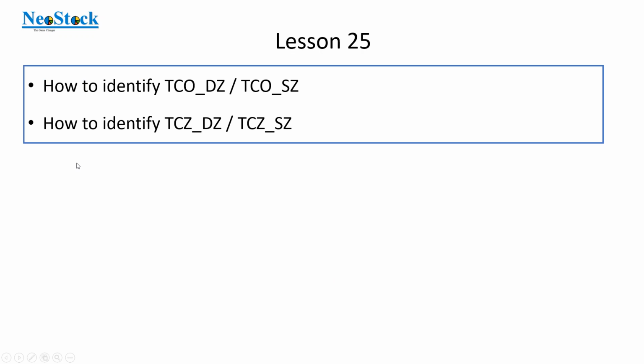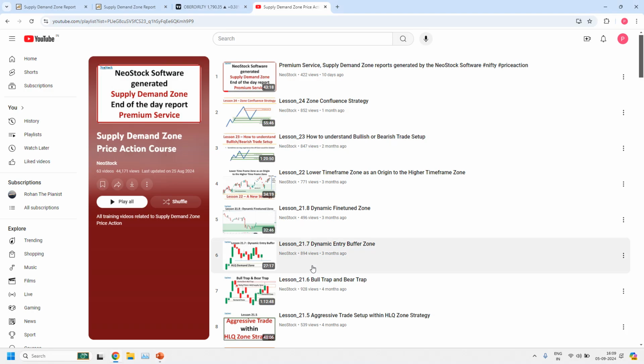So in this lesson, you are going to learn how to identify your TCO demand zone or TCO supply zone. And also you are going to learn how to identify TCZ demand zone or TCZ supply zone. So that is the reason why you need to complete lesson 24 and lesson 23. Let us assume you completed part 1 and part 2 training lessons, up to lesson 20 you completed.